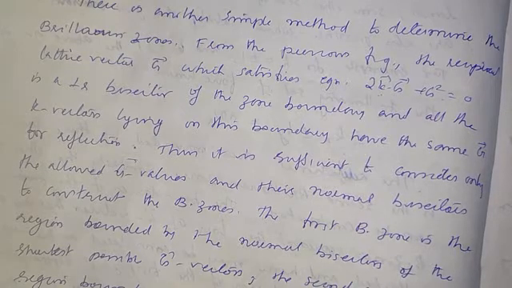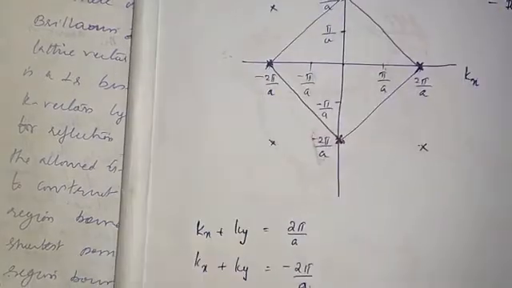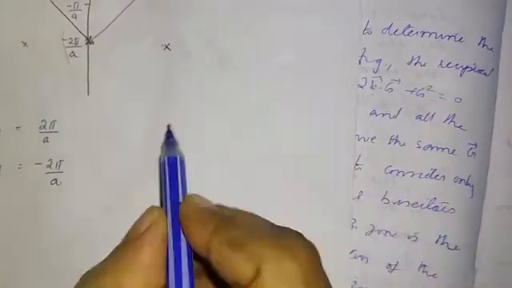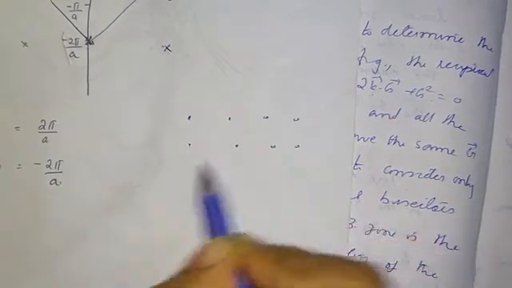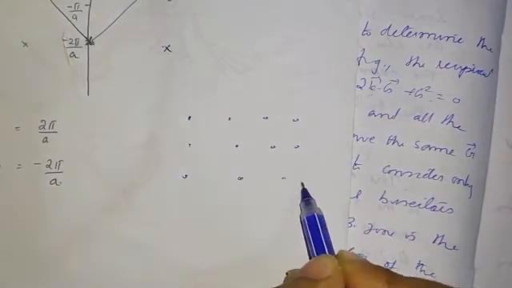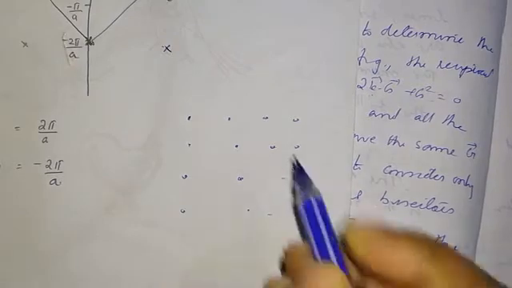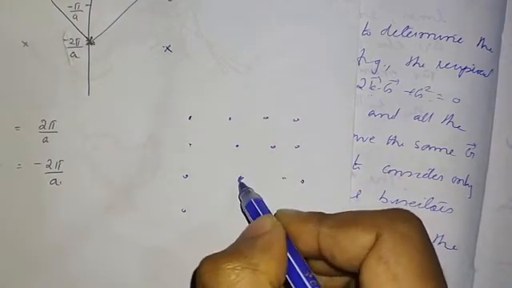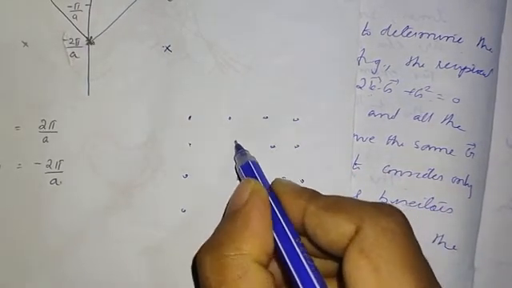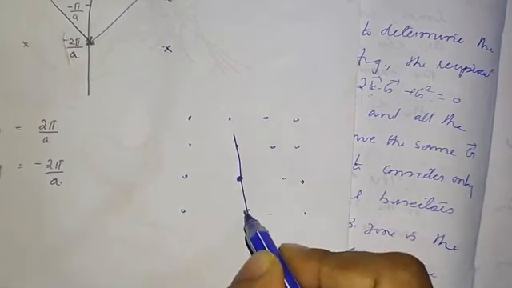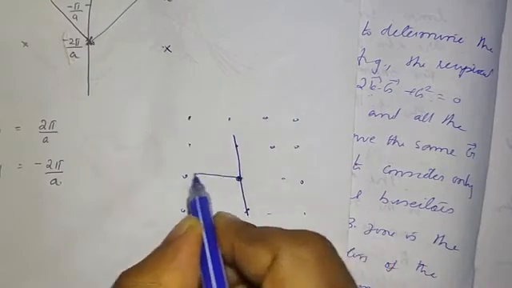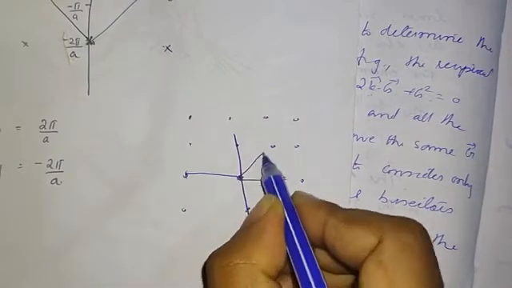In a primitive lattice, for constructing a Wigner-Seitz cell, we consider a lattice having lattice points like this, and we choose a point and draw vectors to nearest neighbors in all possible directions.